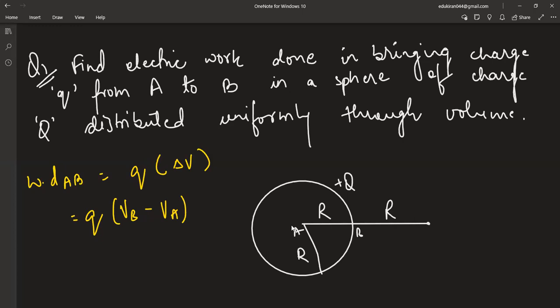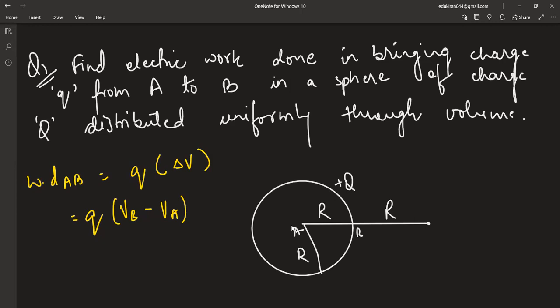First, tell me, Shahid, read the question and tell me which case this is out of all the spheres you have written. Which type of sphere is it? Conducting sphere? Which type, solid or hollow? Hollow.